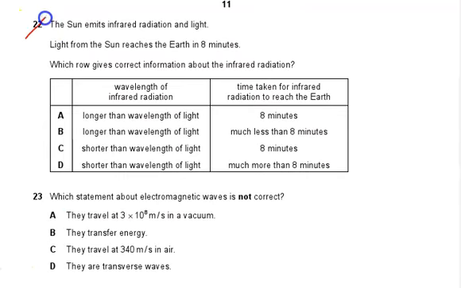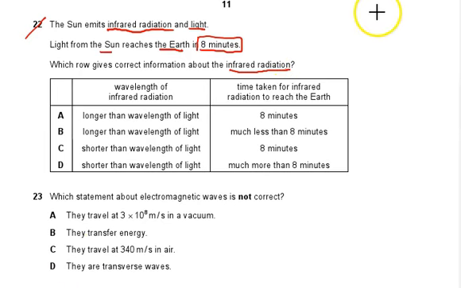Number 22, the sun emits infrared radiation and also light. Light from the sun reaches the earth in 8 minutes. Which row gives correct information about the infrared radiation?